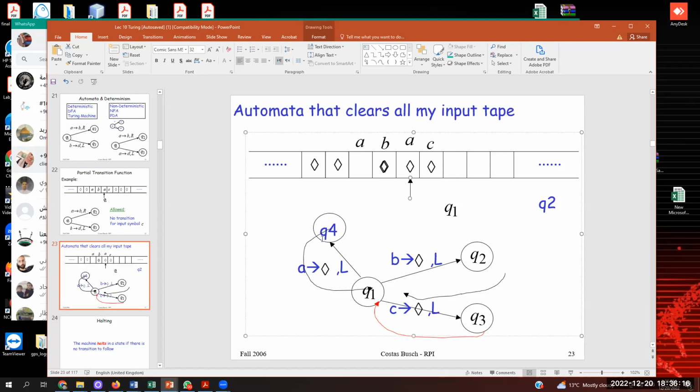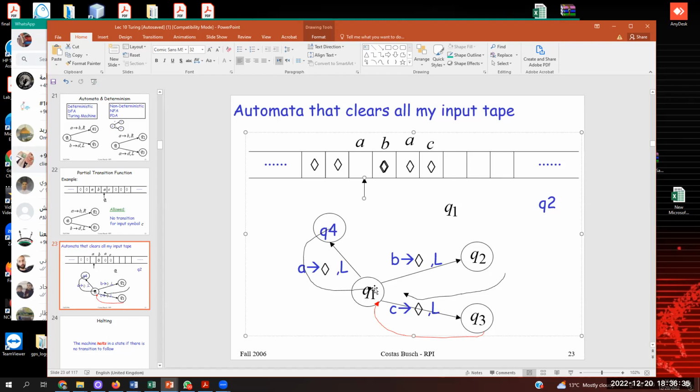If I have an A, I put a blank, and then I move to the left. If I have a B, I replace it with a blank, and I move to the left. Then I come back here.